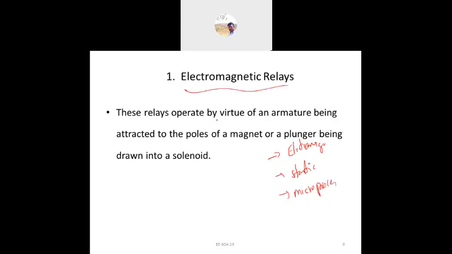These relays operate by virtue of an armature being attracted to the poles of a magnet, or a plunger being drawn into a solenoid. One winding will be there, connected to the trip contacts. The relay coil is connected to the circuit breaker. Such relays are actuated by DC or AC.